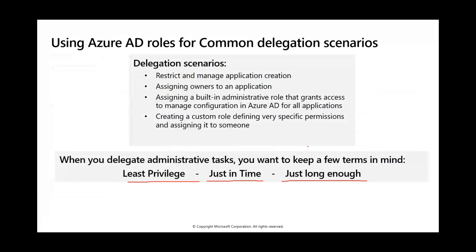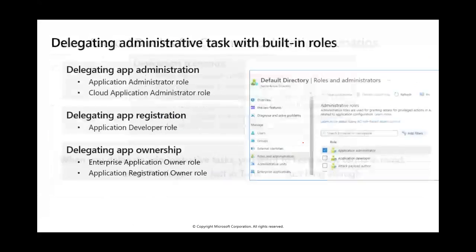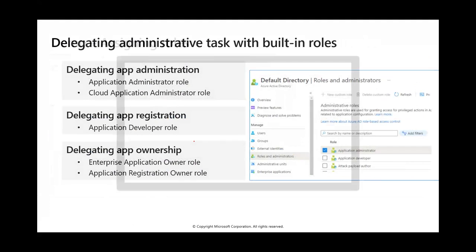These are the terms that are really important when you are going to define a role for a user to have access. So, as we said, to delegate an app administration, we can actually delegate the application administrator role or cloud application administrator role. These are different options, or the app registration, or whatever we can define within the built-in roles with Azure.